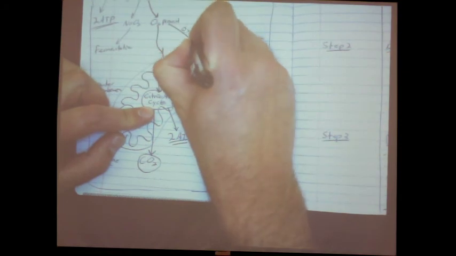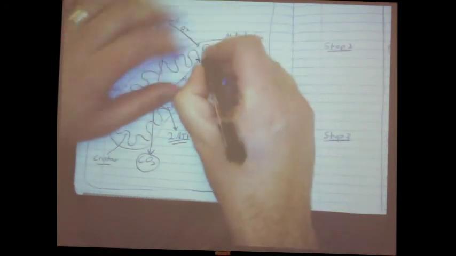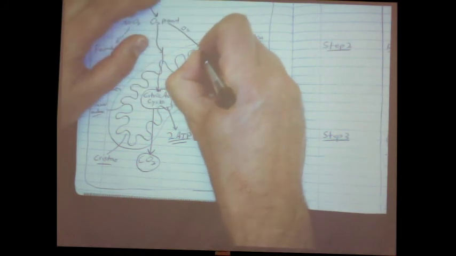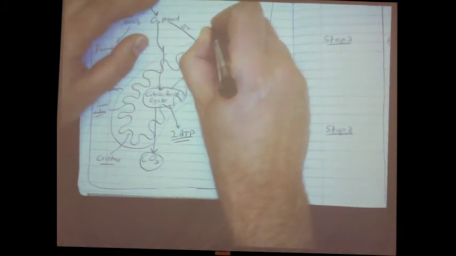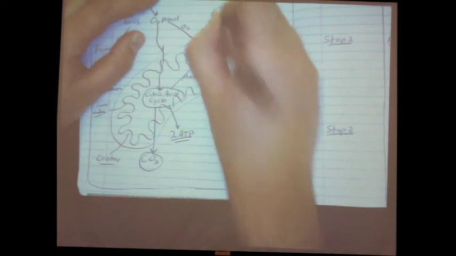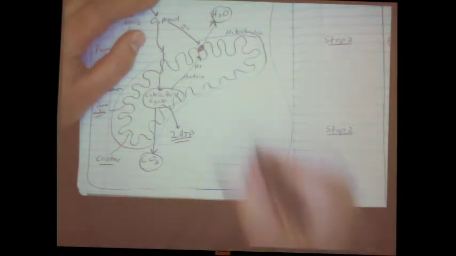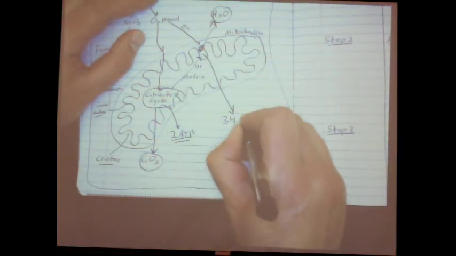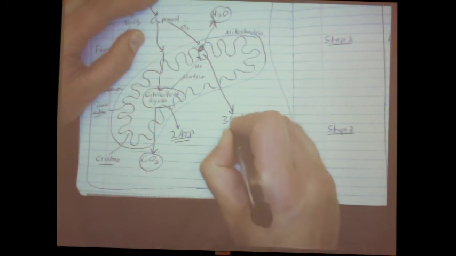That oxygen moves in, and when the hydrogen and the oxygen get together in here, out comes H2O, and most importantly, 34 ATP.